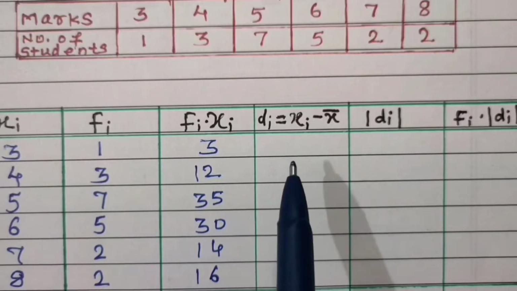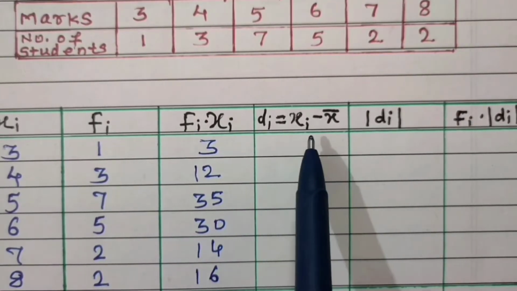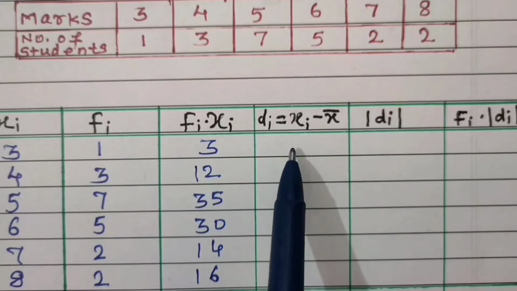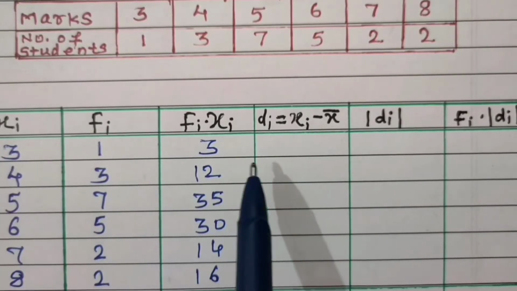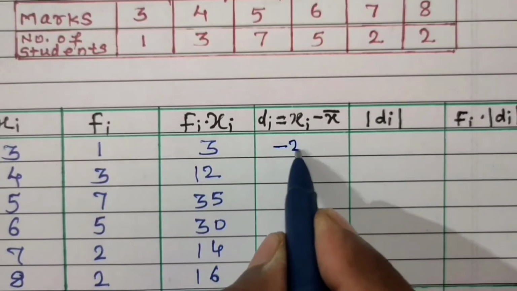Now we have to calculate values for column di. Here di is nothing but xi minus x bar, but x bar is the mean, which is equal to 5.5. So to get these values, 3 minus 5.5, which is equal to minus 2.5.